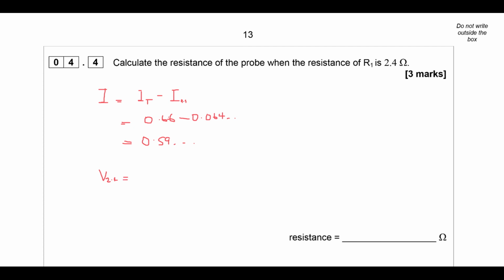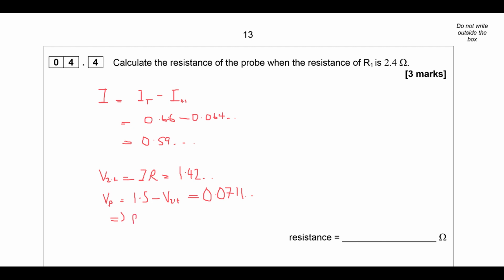So the potential difference across the 2.4 ohm resistor is going to be the current times 2.4. So let's multiply our answer by 2.4, which ends up being 1.42. So the potential difference across the probe is going to be 1.5 minus the potential difference across 2.4. So 1.5 minus the answer gives you the potential difference across it, which is 0.0711.